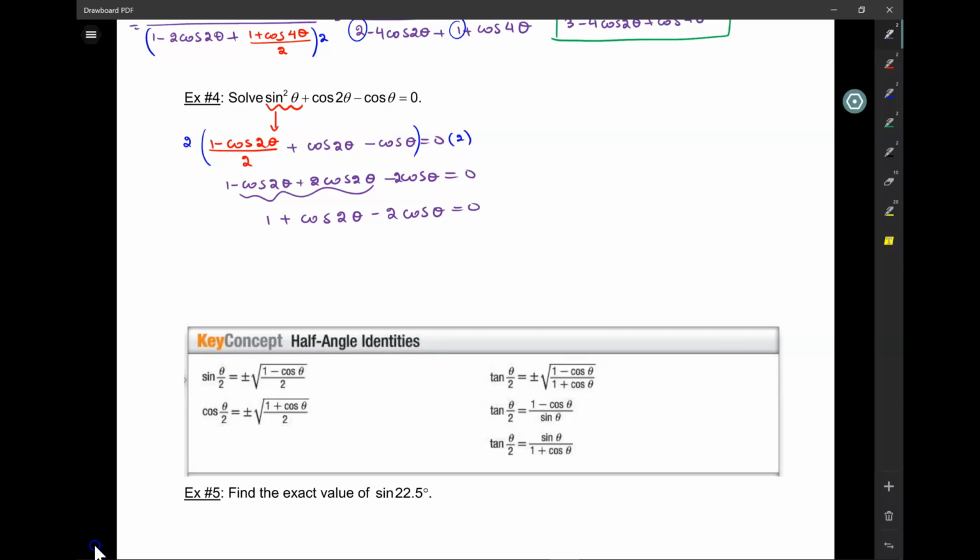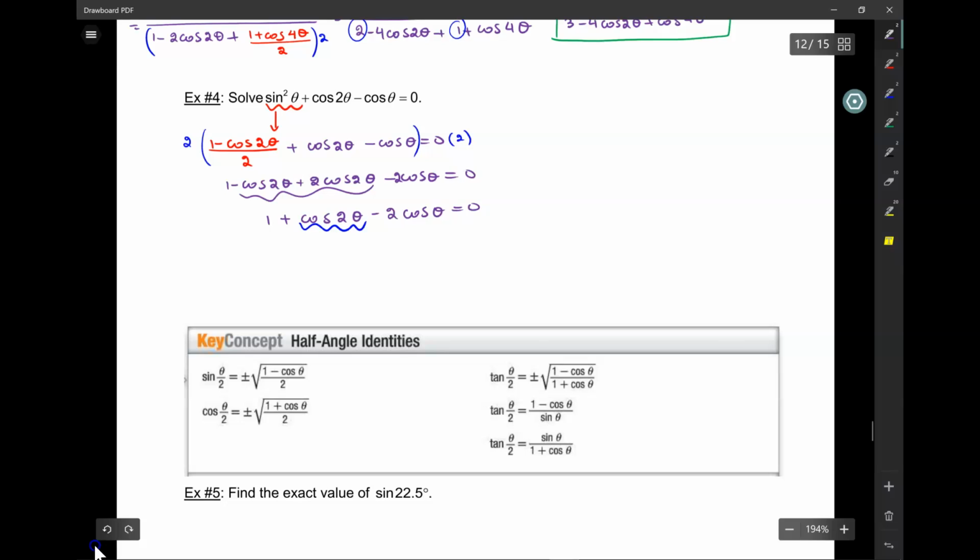I can't have double theta and single theta in an equation and expect to solve. So what I'm going to do instead is use one of the identities for cosine 2 theta. And the only one that makes sense to use here is the one with just a cosine.